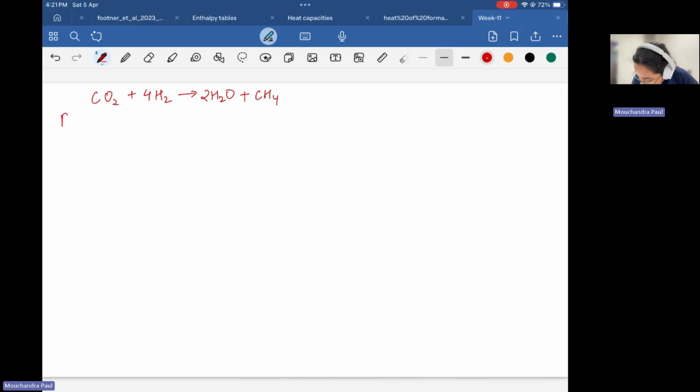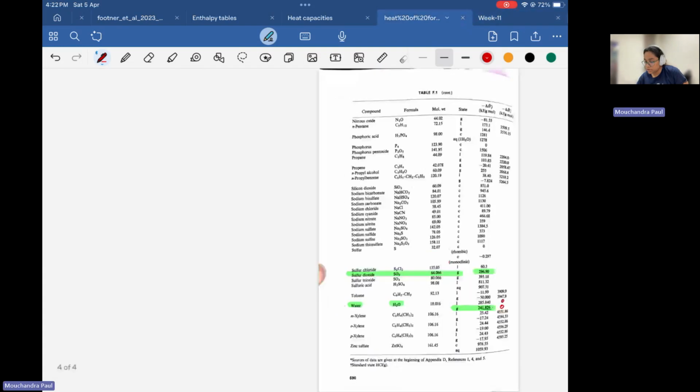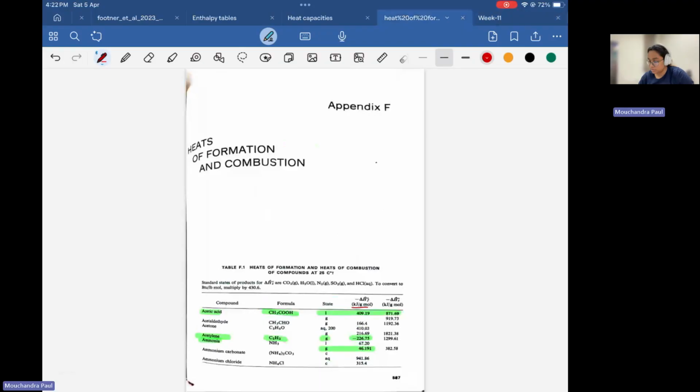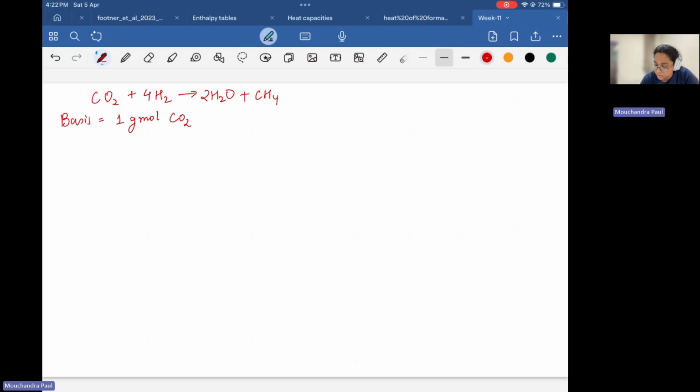Let's consider a basis of 1 gram mole of CO2. That is the basis. And if we use the table, the heat of formation and heat of combustion table, to get the heat of formation for each of the components involved in this reaction, let's do that.